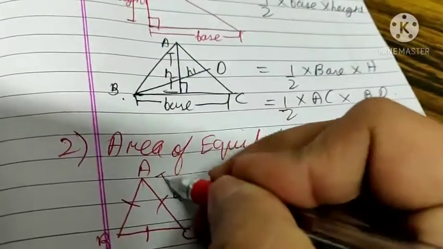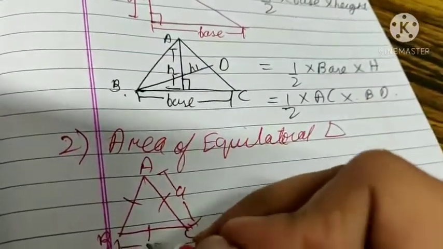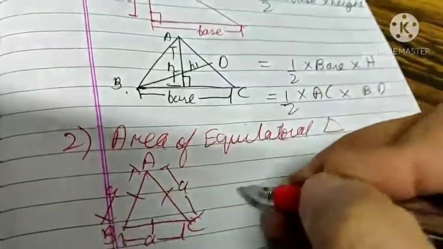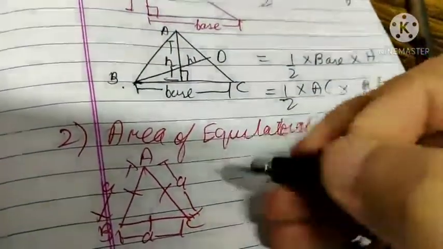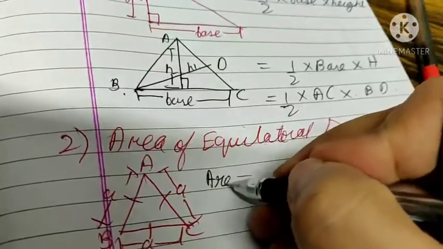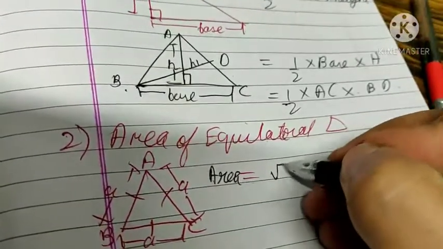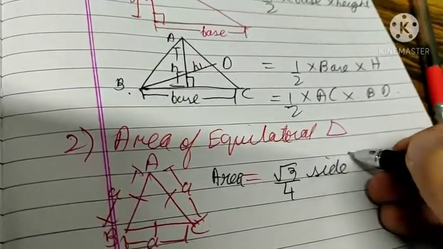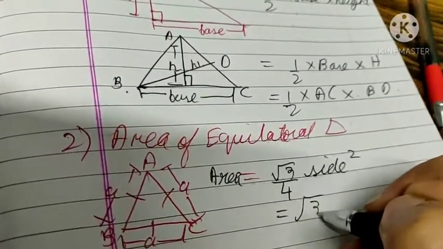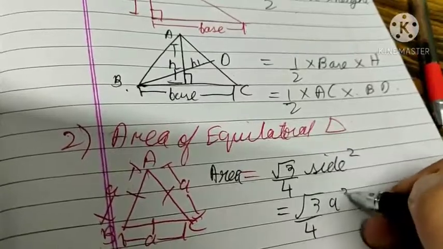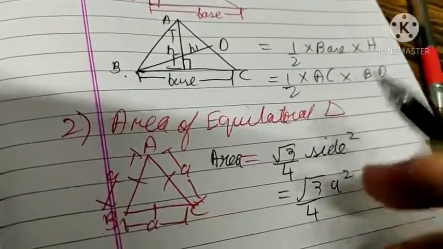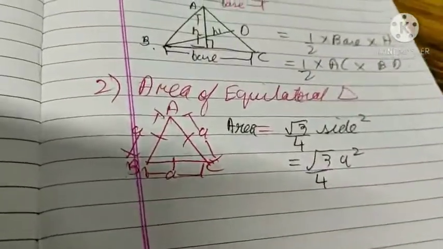Means this is A centimeter, this is also A, and this is also A. So here area is root 3 by 4 side square, that is root 3 by 4 A square, when the value of the equal sides is given.